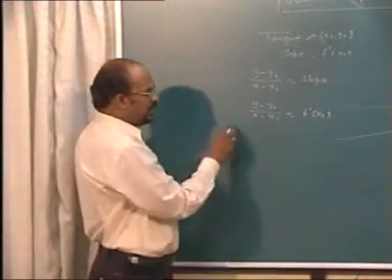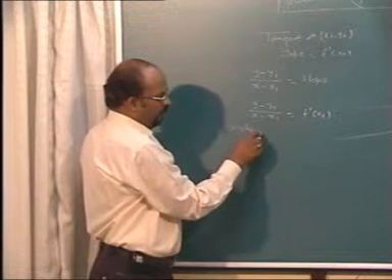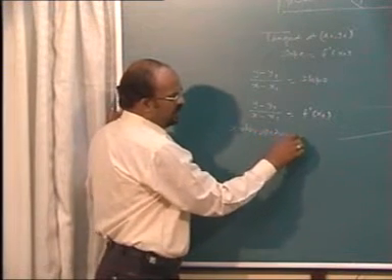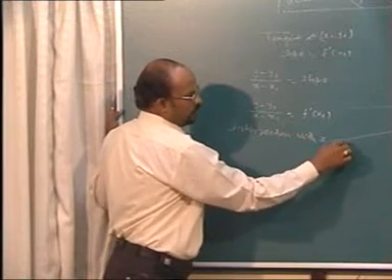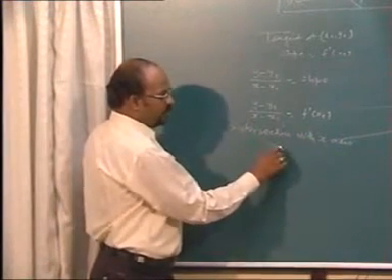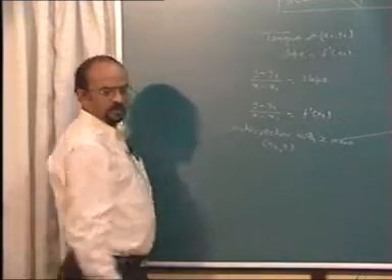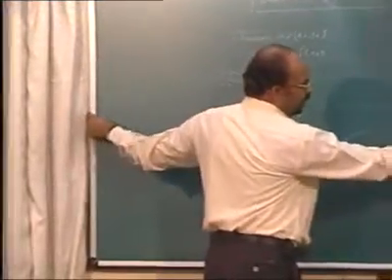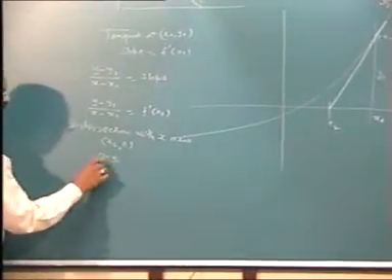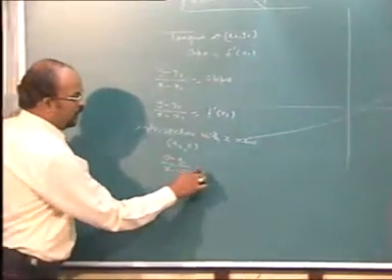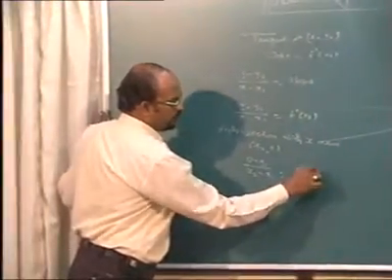The intersection of this tangent with the x-axis is, say, the point (x2, 0). I am assuming this point to have the coordinate x2. Then I will get (0 minus y1) upon (x2 minus x1) equals f dash x1.